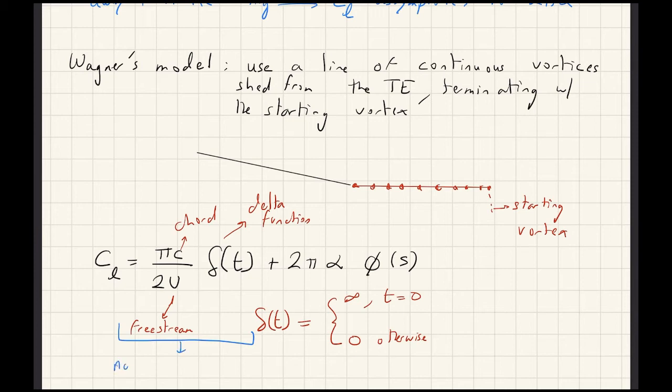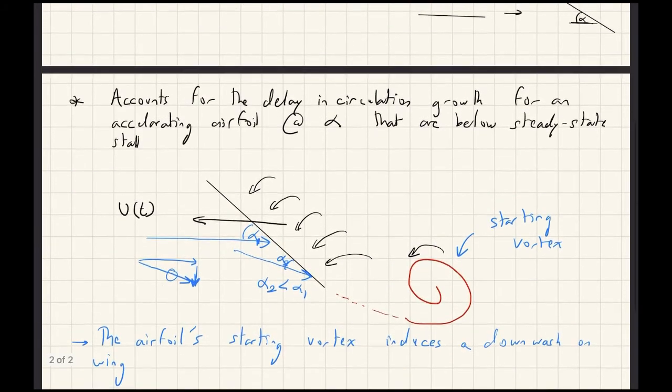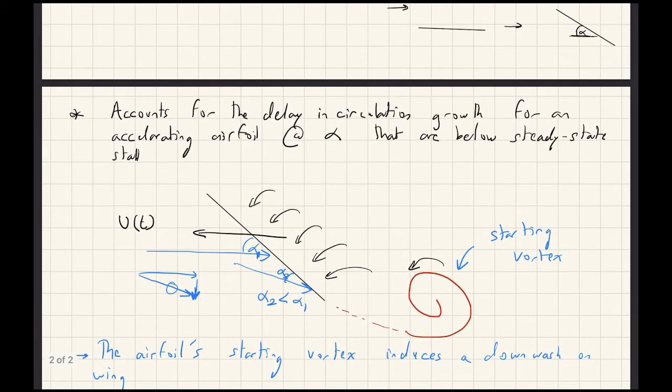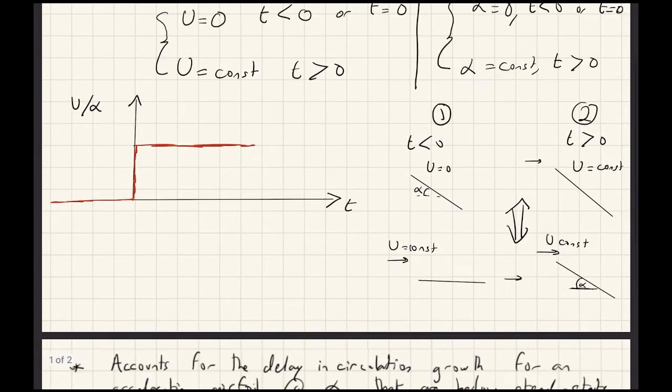represents the non-circulatory portion. And again, this makes sense. If you recall, non-circulatory portion or added mass relies on the acceleration of the wing.